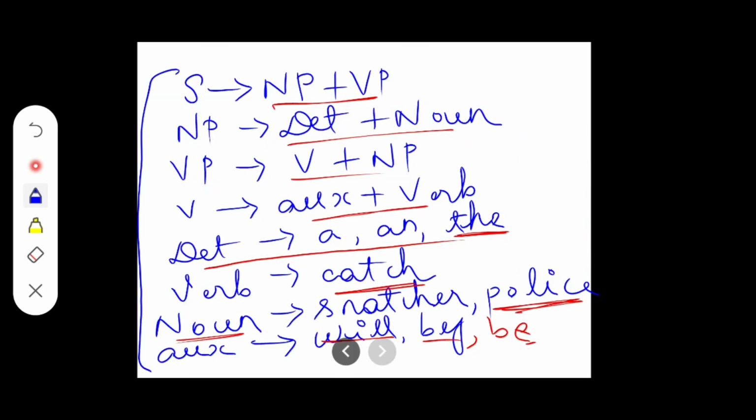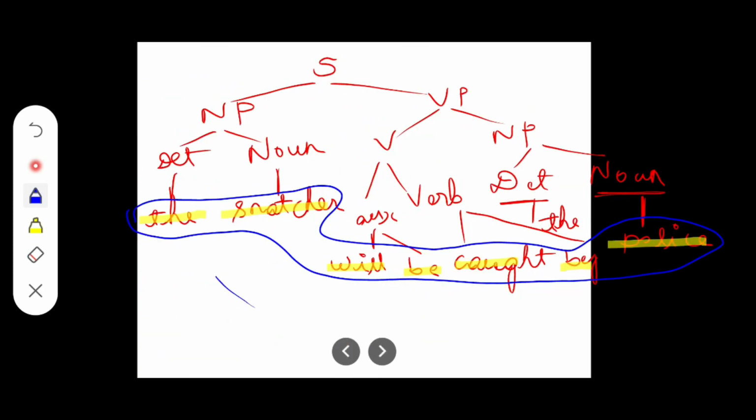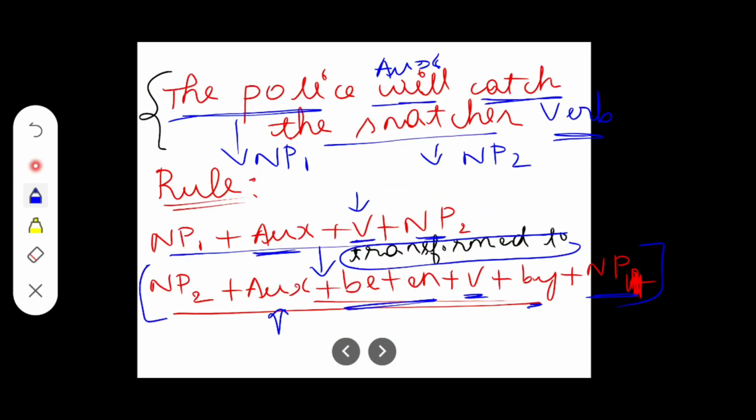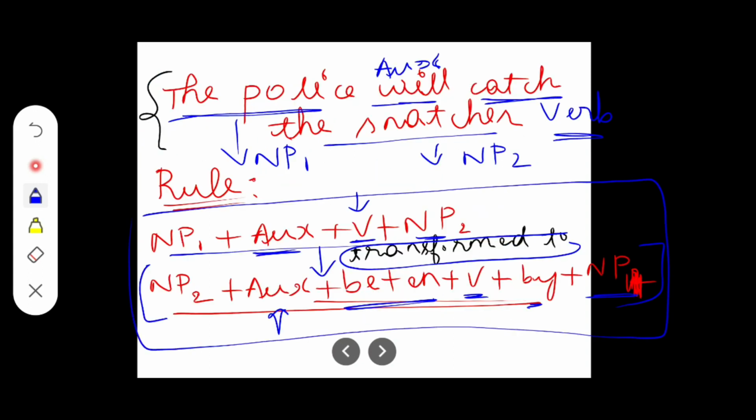This is how we are transforming the tree, or transforming from one form to another form, from active voice to passive voice, and vice versa. If you are having the passive voice, apply this rule, that is NP2. If you want to convert from passive voice to active voice, you have to go back like this, from this form to this form.